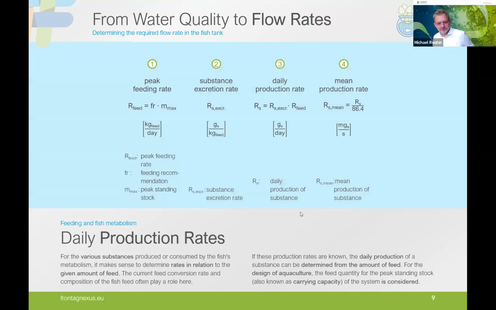So where we always have to start from if we want to define the water flow rates is a production rate of a certain substance that we want to remove from our tank, because when we produce more of a substance, we will need a higher flow rate to get it out of the tank in a given time and to maintain the water quality that we are looking for.